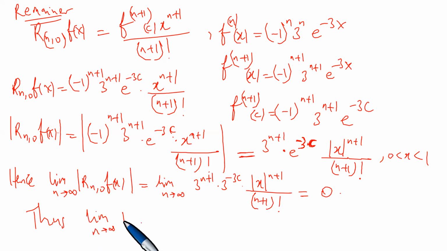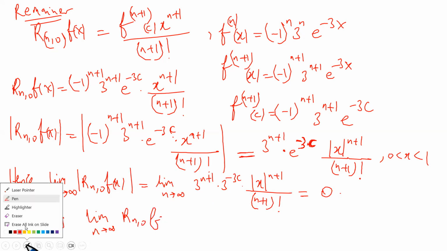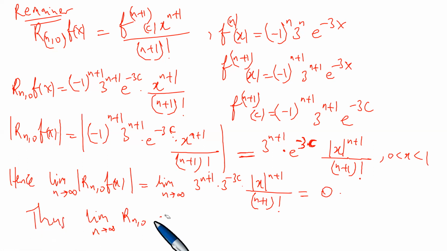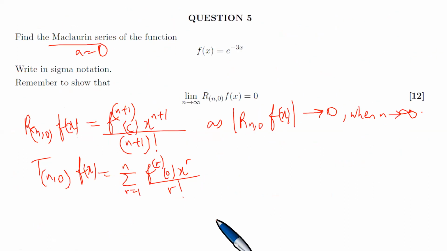Absolute convergence is just the modulus implication. Anyhow, we're not really much into the absolute things of convergence, but because of this, this limit here is 0. And therefore, we have shown this part, but also we have found the Maclaurin series.